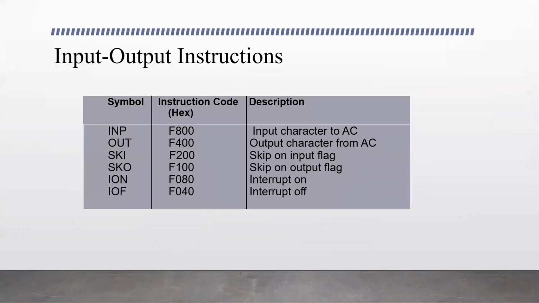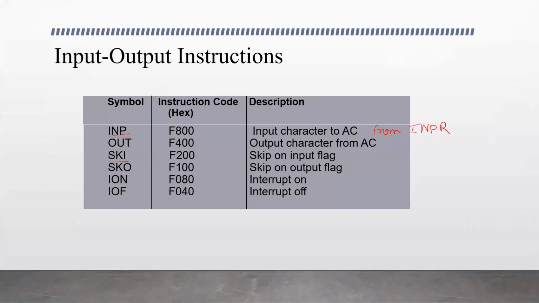These are the input output instructions. INP inputs a character to AC from INPR; the transfer between INPR and AC is done when this instruction is encountered. OUT outputs a character from AC.